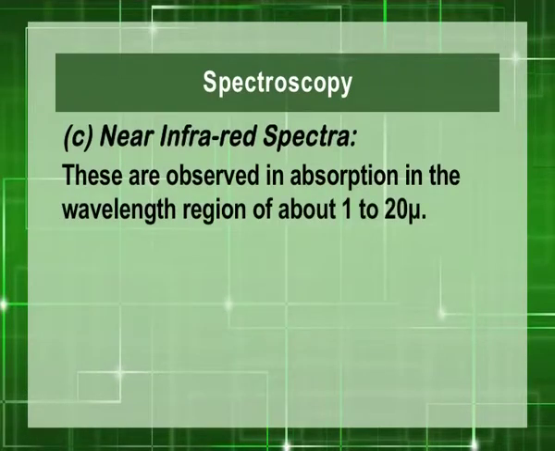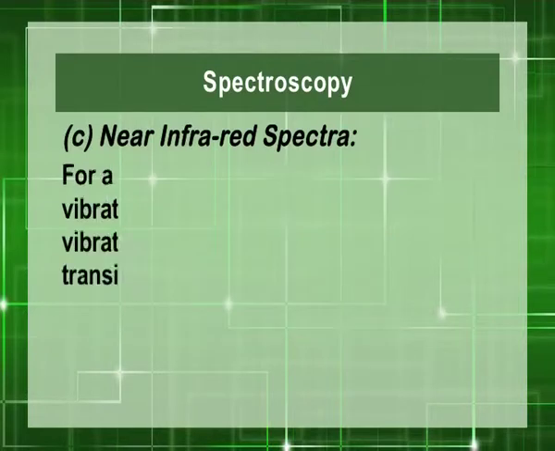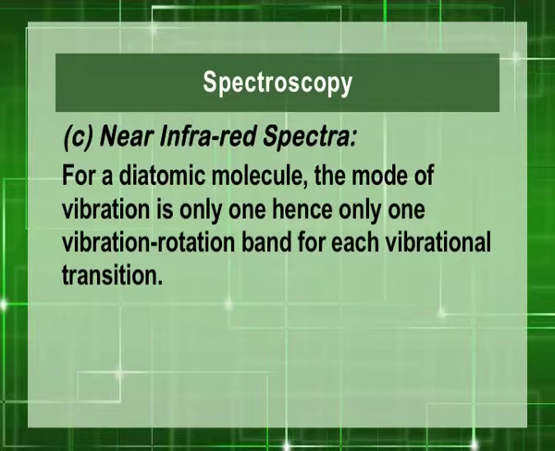These are observed in absorption in the wavelength region of about 1 to 20 micron. For a diatomic molecule, the mode of vibration is only one, hence only one vibration rotation band for each vibrational transition.